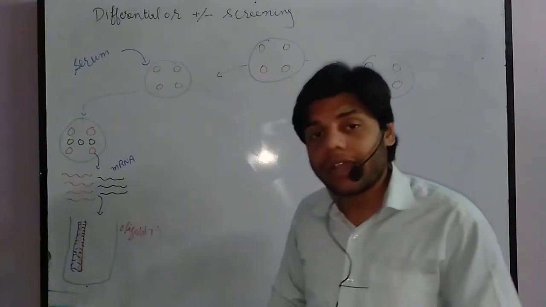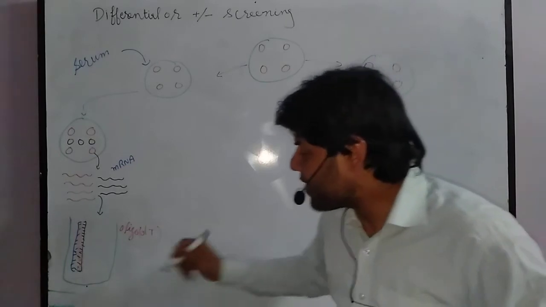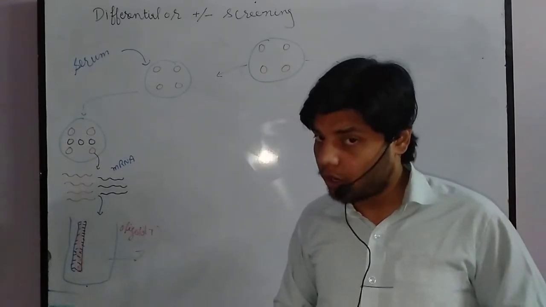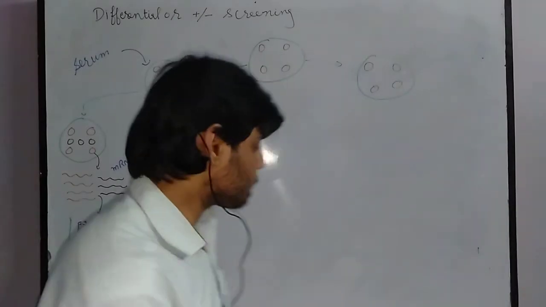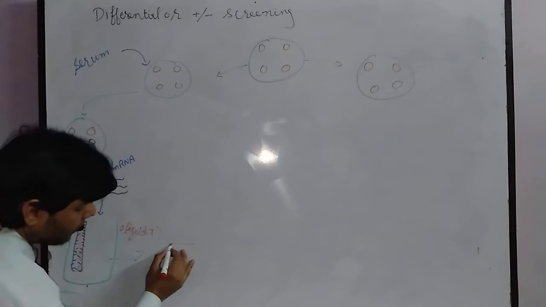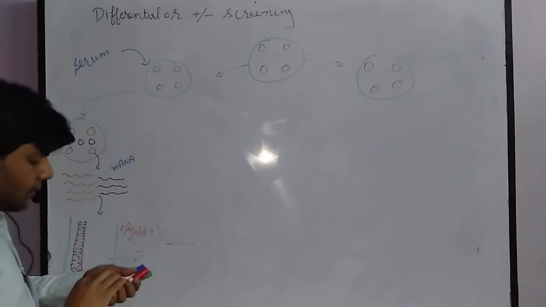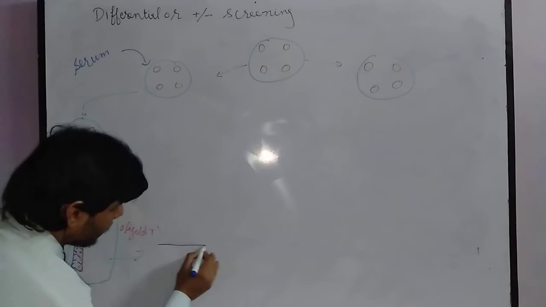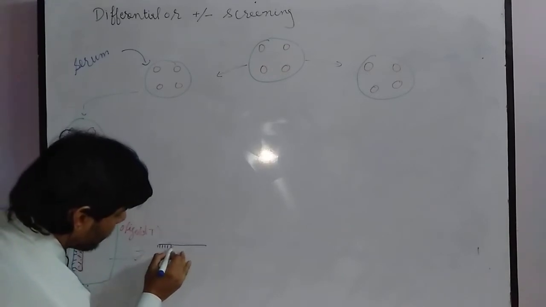After that, we will separate it from this oligo-DT column. Let's suppose we separate the messenger RNA from this oligo-DT. Let's suppose these are the messenger RNA, as you can see.